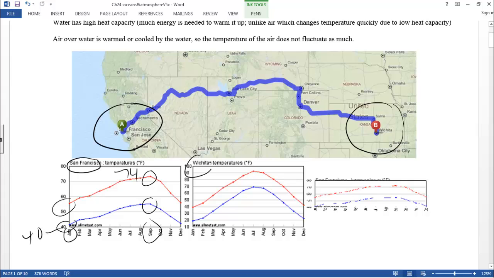But in Wichita, Kansas, you can have a low of 20 degrees in the winter and rising up to 40. And then in July, you can have a low temperature at night of 70 degrees and a high of 90 on average. So it can fluctuate between 20 and 90 degrees. That's a severe temperature change as compared to San Francisco of 40 to 74.